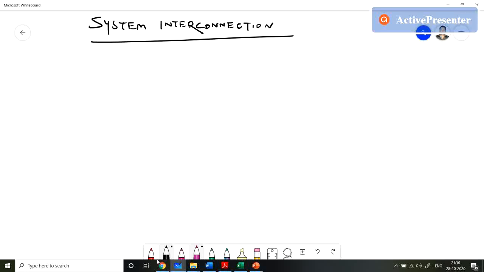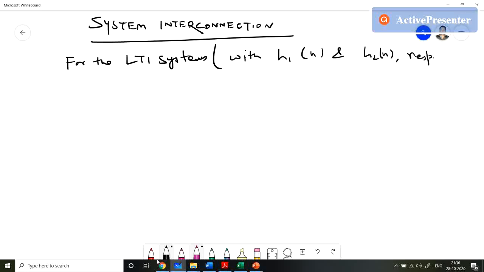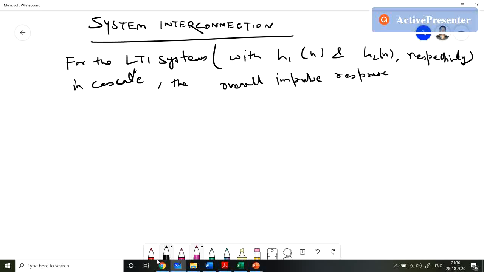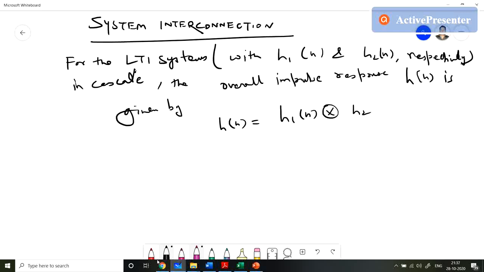Let us discuss another property, called system interconnection. For LTI systems with impulse responses h1[n] and h2[n] respectively, if these two systems are in cascade, the overall impulse response h[n] is given by h1[n] convolved with h2[n].